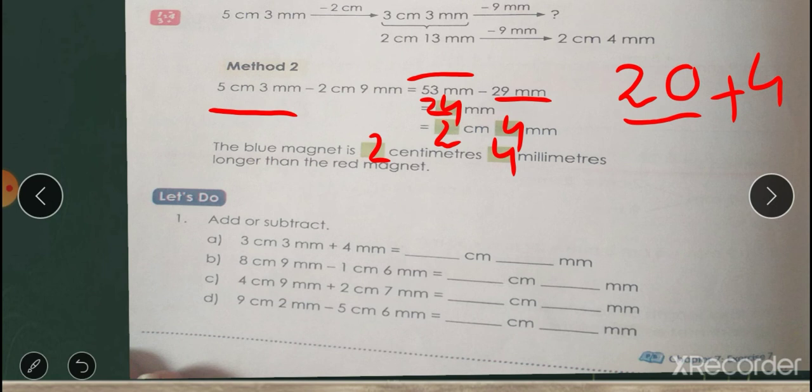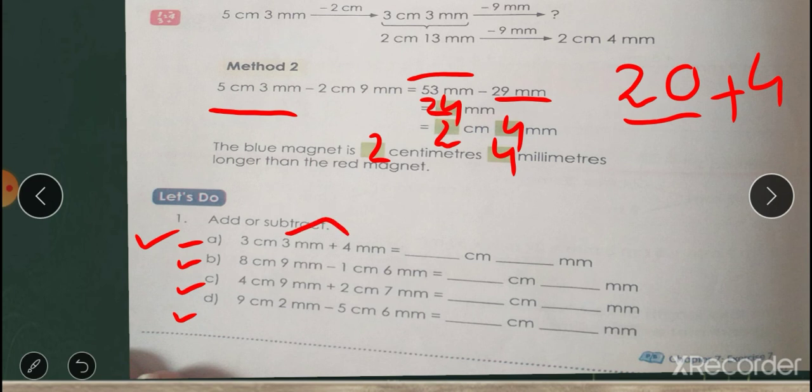Let's have this exercise, add or subtract. We have 4 parts of this question. The first one I'm going to do for you, the rest you have to do yourself in your books. So we have to add 4 millimeters to 3 centimeter and 3 millimeters.